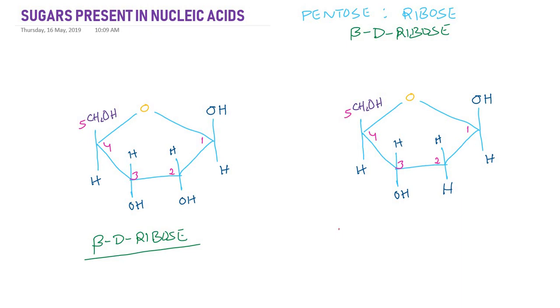That means this will become our beta D 2-deoxyribose, or simply we may call it deoxyribose. So when this type of sugar is attached to nitrogenous base, it will become nucleosides. So nucleosides means nitrogenous base plus sugars.